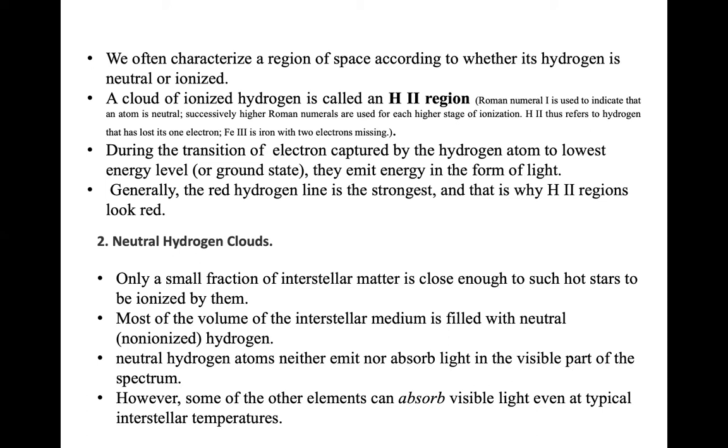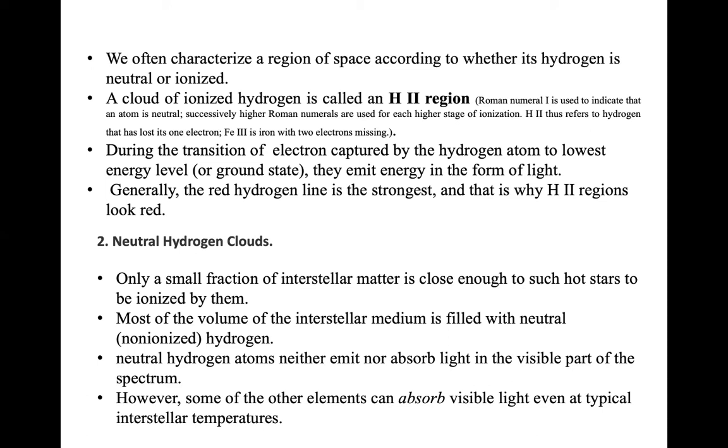And so what actually happens is, during a transition of an electron captured by the hydrogen atom to the lowest level, they emit energy in the form of light. So when you have this ionized hydrogen, once the electrons go into the ground state, they emit energy in the form of light.